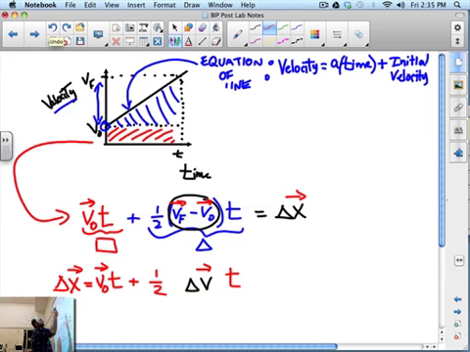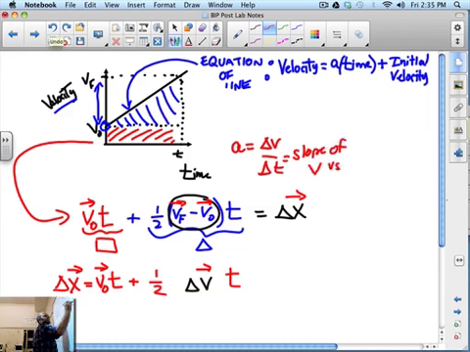Cool. So acceleration is change in v over change in t, the slope of the velocity versus time graph. And that's what we have right here.